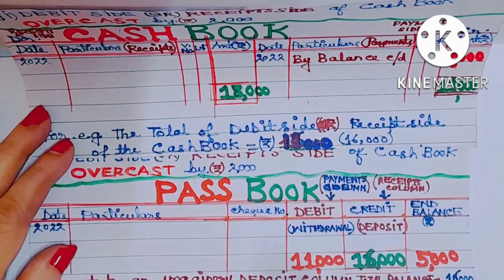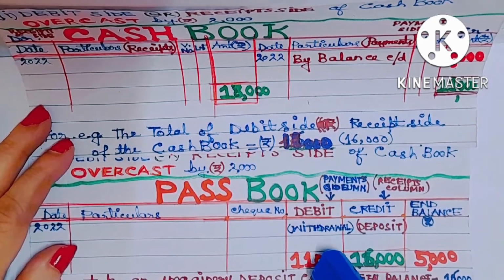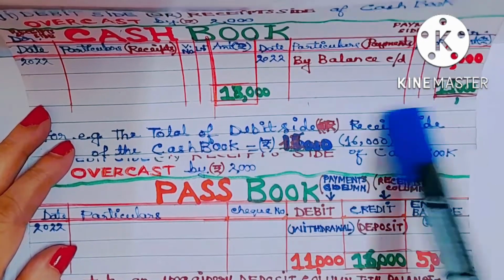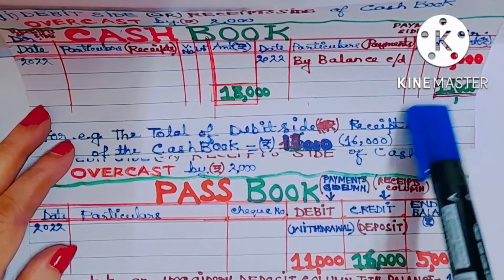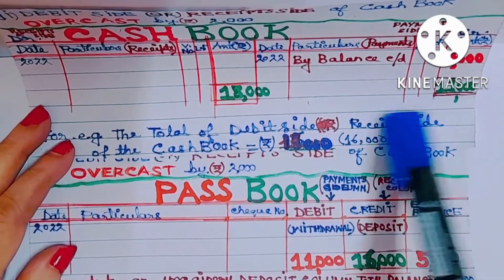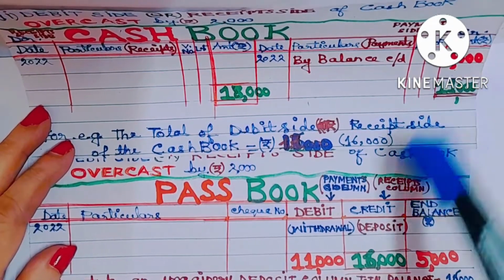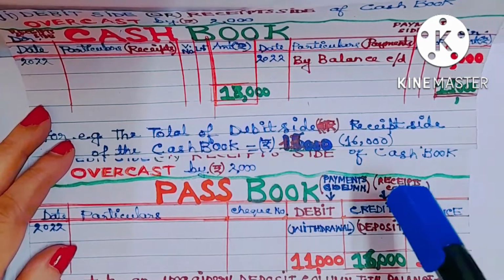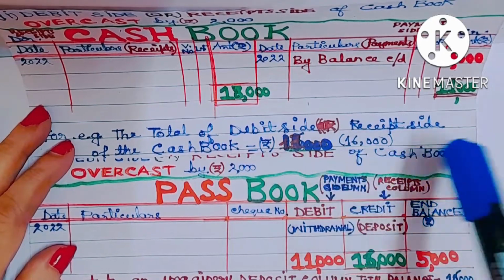Understood? So the debit column or withdrawal column of passbook as well as the total of credit side or payment side of cash book is equal to 11,000. So this has been written correctly in both the books. So no adjustments are required here.